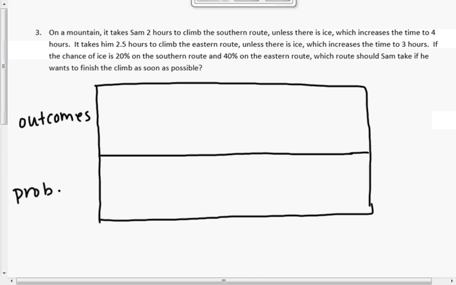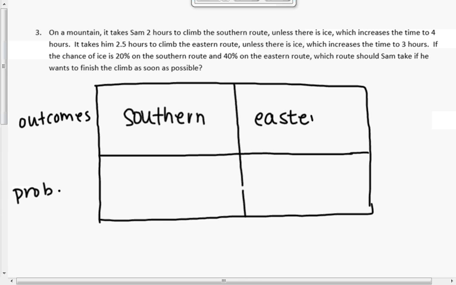For here, we have a southern route. When you read it, you've got a southern route, you've got an eastern route. So we've only got 2 outcomes on this one. Let's concentrate on southern first. For the southern route, it normally takes 2 hours.